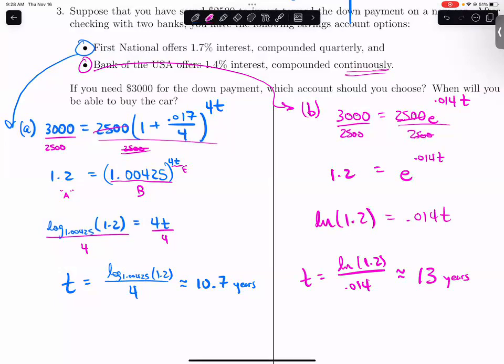Okay, so which one should we choose? This, but I'm still not super psyched about it, right? I'm probably not going to need $3,000 for the down payment on the car in a decade. For the same car, right?